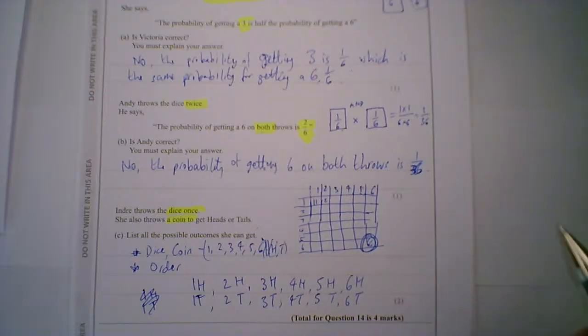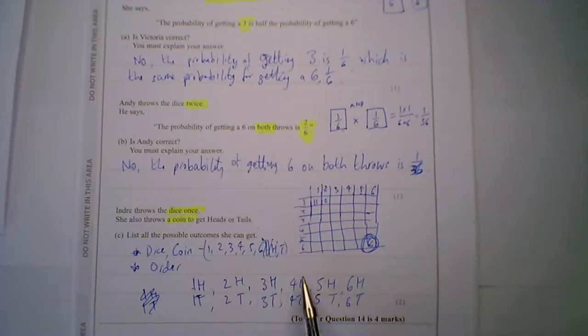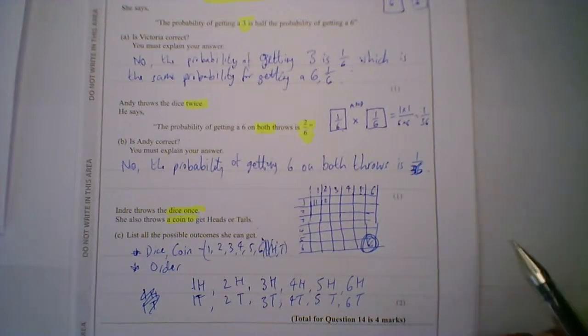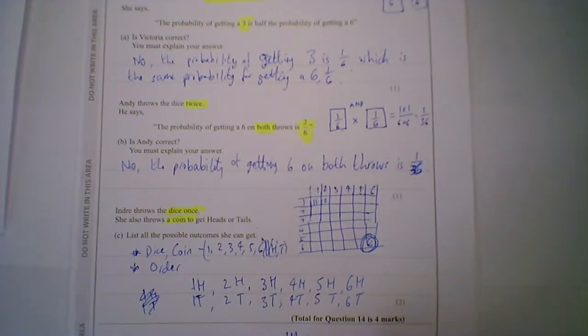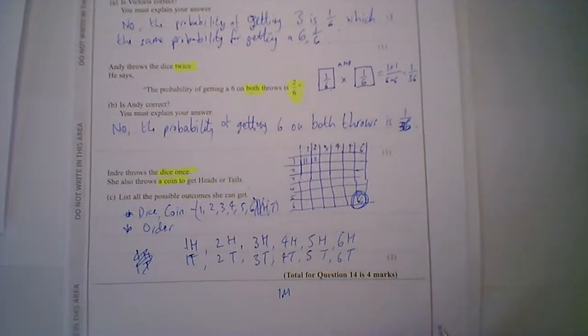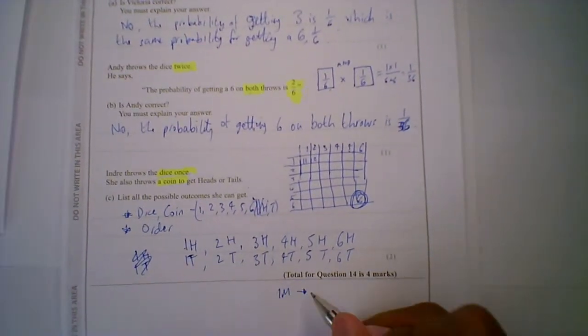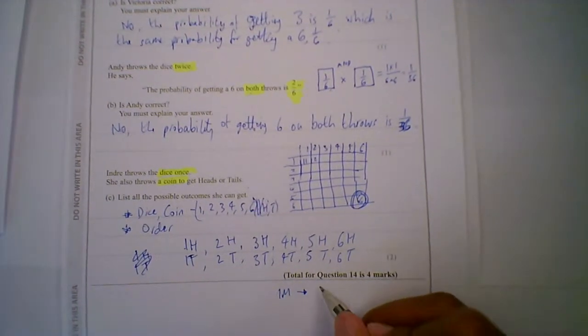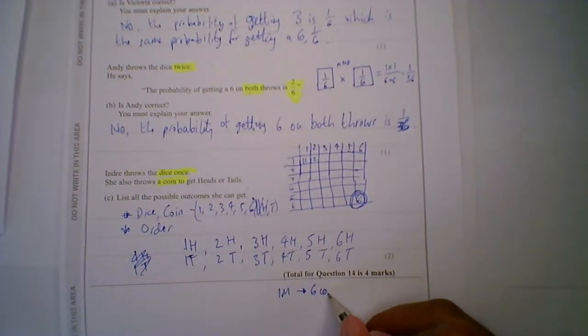So you can see there are 12 combinations. And again, it's worth 2 marks. If you were to get a method mark, then you need to have, I think it was 6 of them correct.